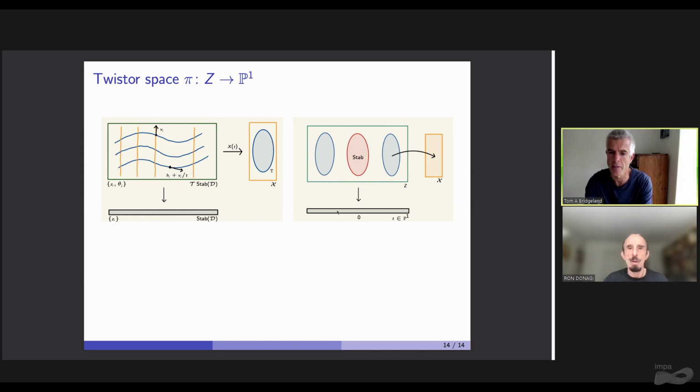So the twistor space fibers over P1, and this t parameter we've been using is a parameter on P1. And what the Riemann-Hilbert problem is trying to do is describe twistor lines, describe sections of this map in terms of particular coordinates, these kind of cluster-like coordinates.